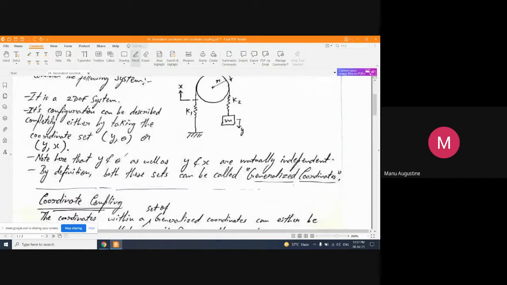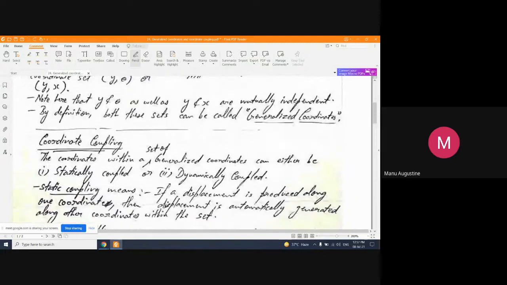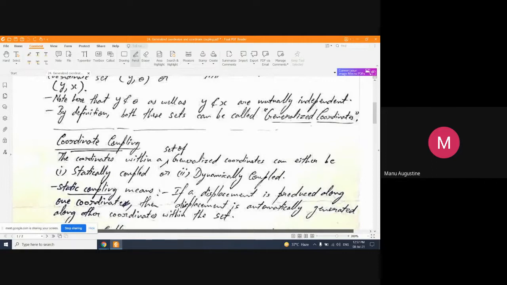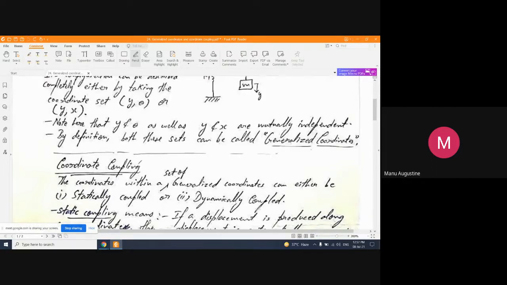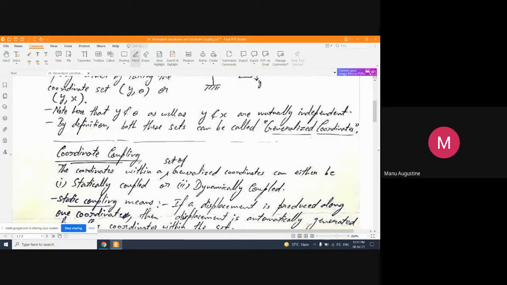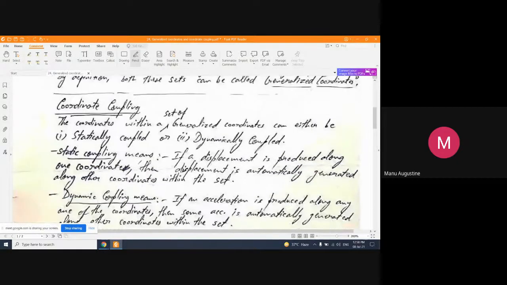And now, once the concept of generalized coordinates has been cleared, I have given you the definition, I have given you the concept of mutually dependent and independent variables, and why it is called generalized coordinates, let us go to the concept of coordinate coupling. What is the meaning of coupling? Coupling means two things which were not actually linked in any way to each other, now you have found a way to link them with each other.